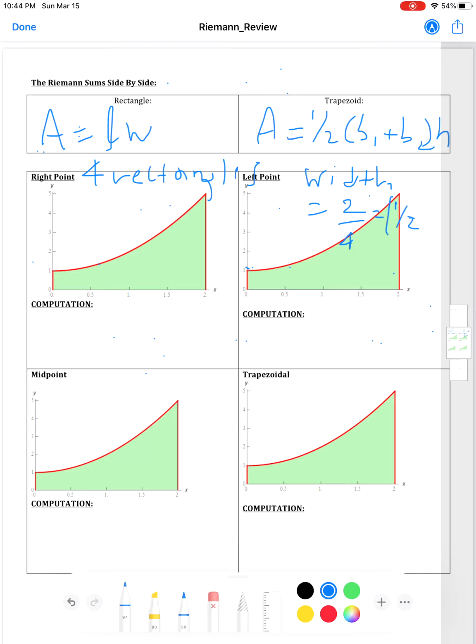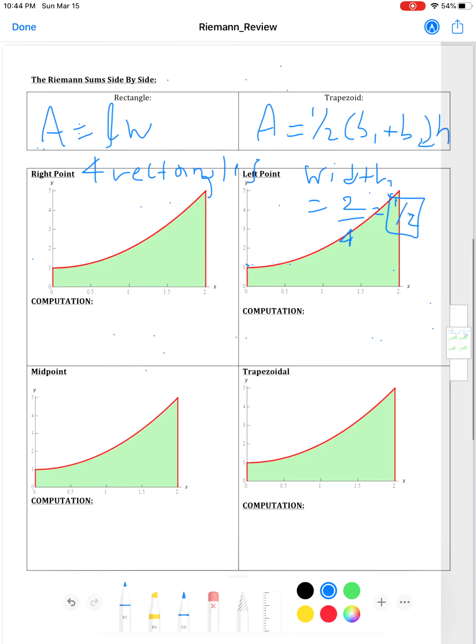So that width is equal to 1/2. When I'm setting up the calculation, I say area is equal to 1/2. All of the rectangles have 1/2, so I like to distribute that 1/2 to all the heights of the rectangles that I find.